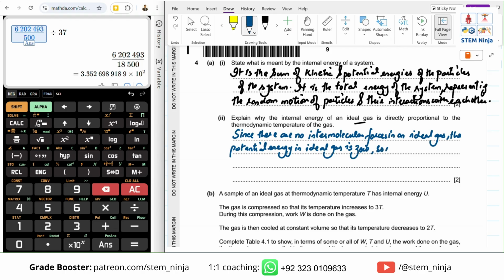So internal energy is equal to total kinetic energy.